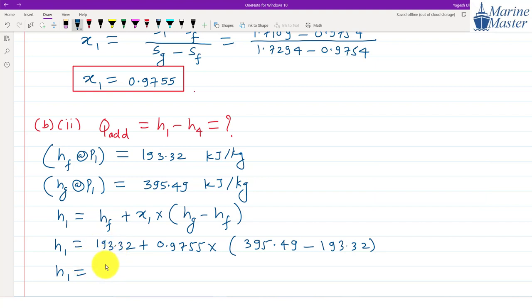If you do the calculation, we will get H1 value as 390.5368 unit kilojoule per kg. So before going further, please write down this discussion, guys.